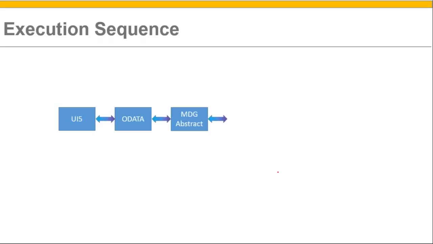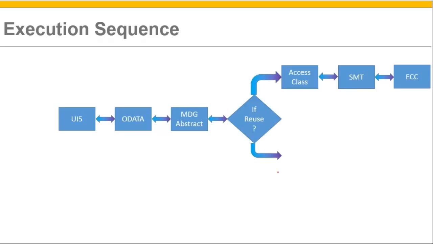Now the execution sequence, if instead of FPM there is a UI5 application, it will talk to OData, OData talks to the abstract layer, and from there the sequence will be the same.